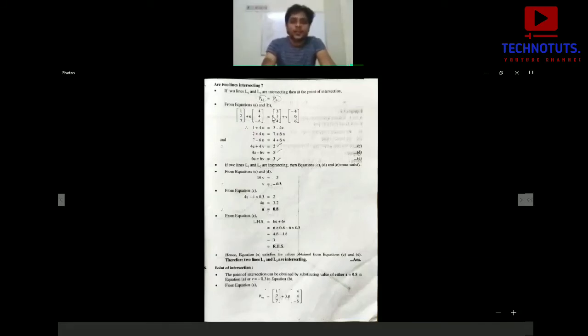So here x1 is 1, y1 is 2, and z1 is 7. And the differences x2 minus x1 is 4, y2 minus y1 is 4, and z2 minus z1 is minus 6. That is why the matrix will be obtained as 1, 2, and 5 plus u into 4, 4, minus 6.